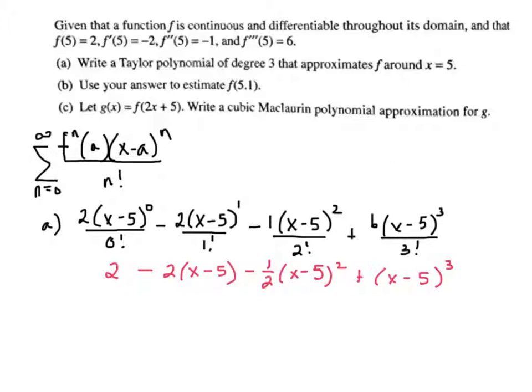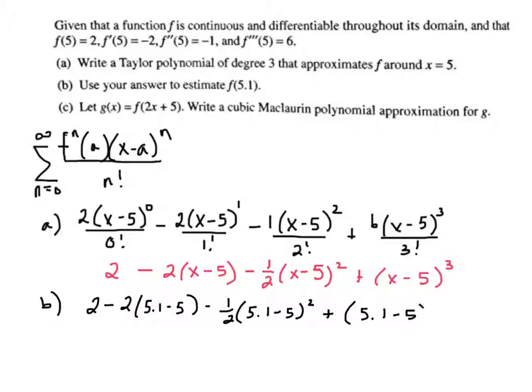Okay, so part B says, use that and approximate f of 5.1. Well, now all we do is plug 5.1 in. We'd use our calculator, well, maybe we wouldn't even really need to.